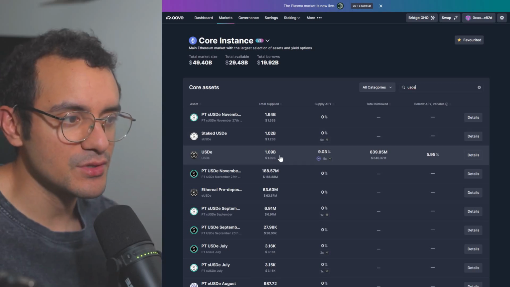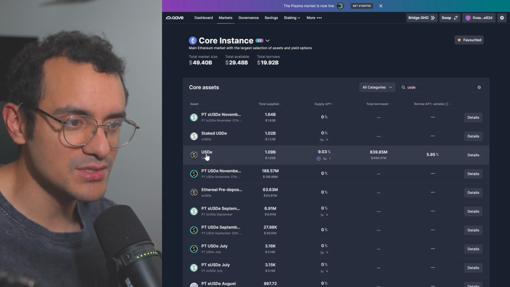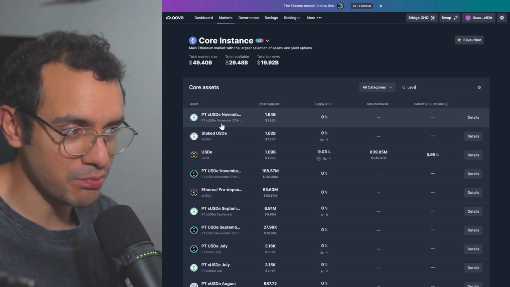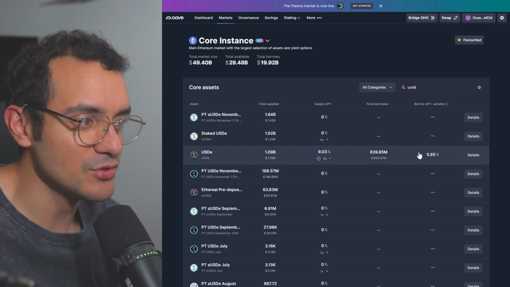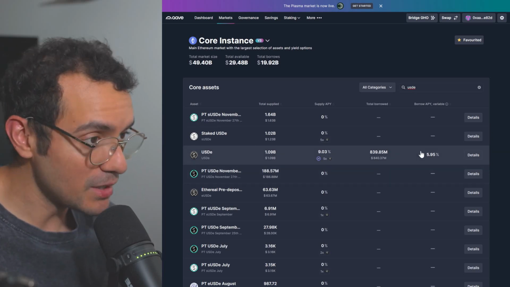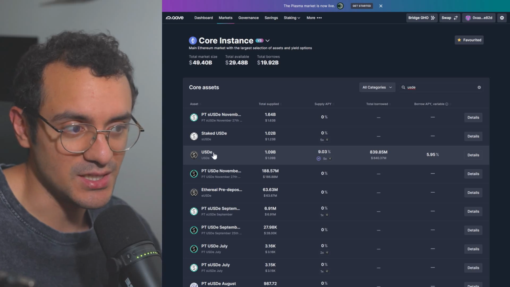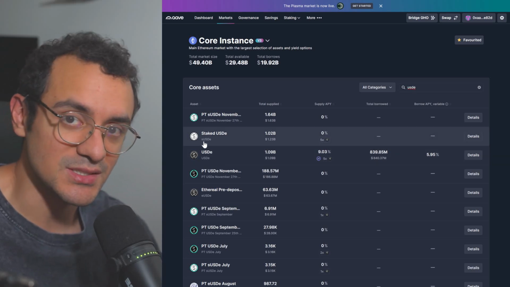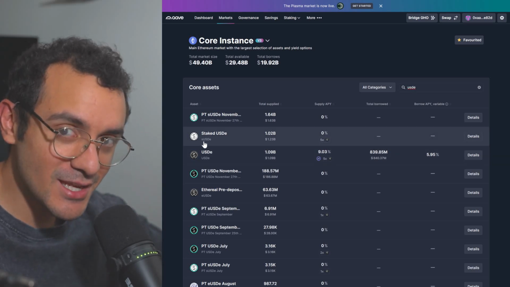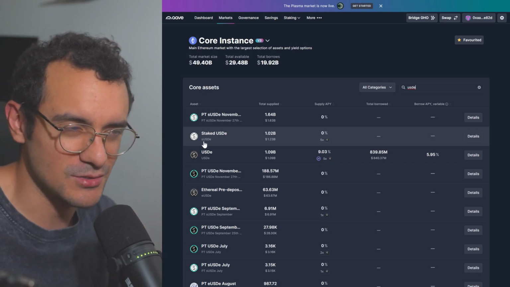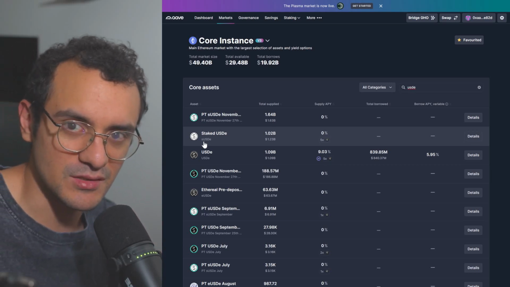The difference between these two is that with USDe alone, you're not producing anything unless you supply that USDe into the platform. But if you swap or stake your USDe into sUSDe, then on the Ethena platform you're going to get roughly 5.5% APY per year.